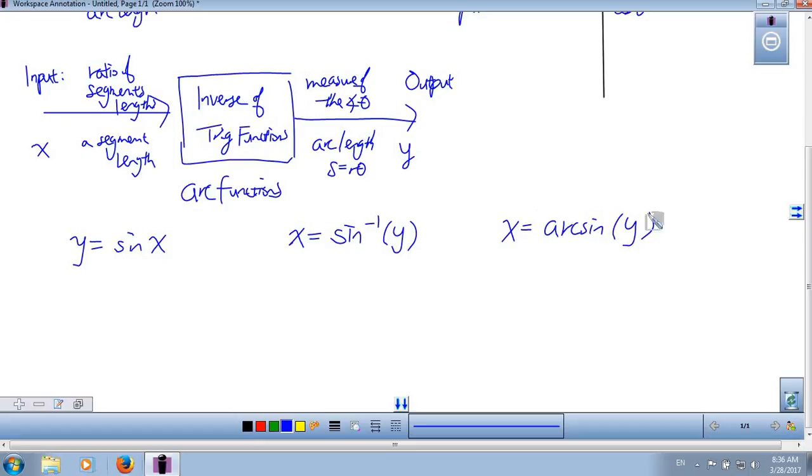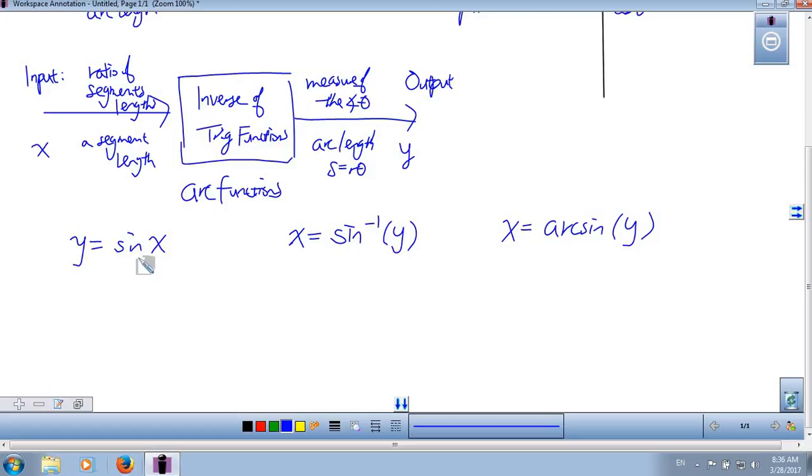I like to use arcsine because it's a little clearer what we're actually doing. This is the inverse, not the reciprocal. You remember an expression raised to the negative first power is the reciprocal, so you might get confused. Anyway, this is the basic terminology here.